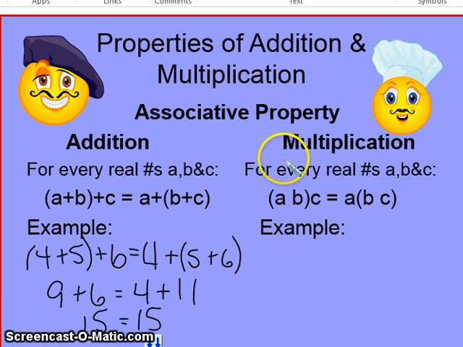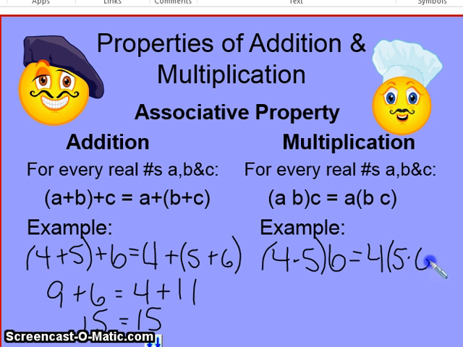The associative property of multiplication says that for every real numbers a, b, and c, a times b in parentheses times c equals a times, in parentheses, b times c. Now if I use those same real numbers 4, 5, and 6 and group them differently, 4 times 5 in parentheses and then times 6 would be the same as putting 4 outside the parentheses and 5 and 6 inside.